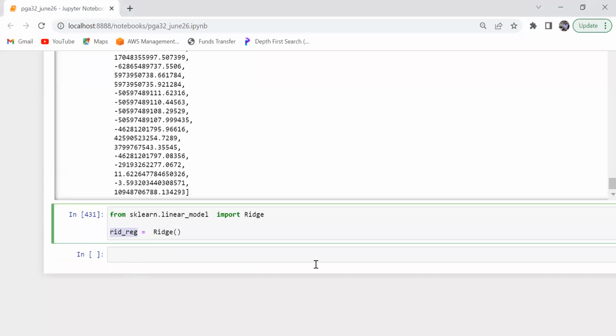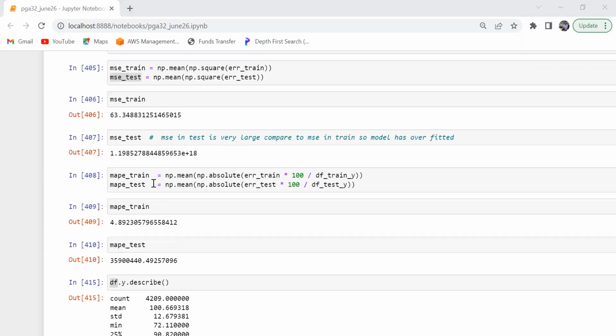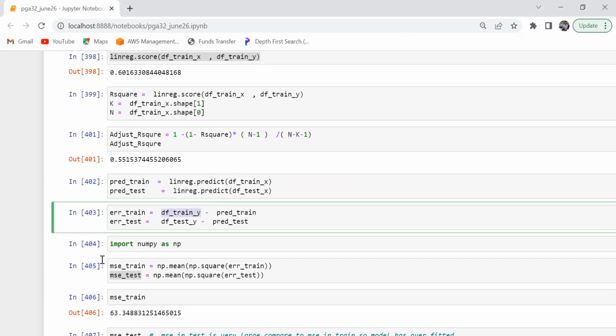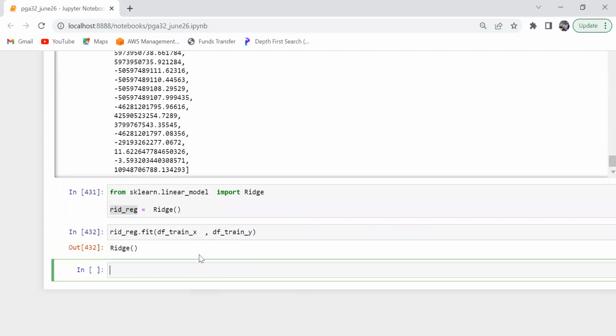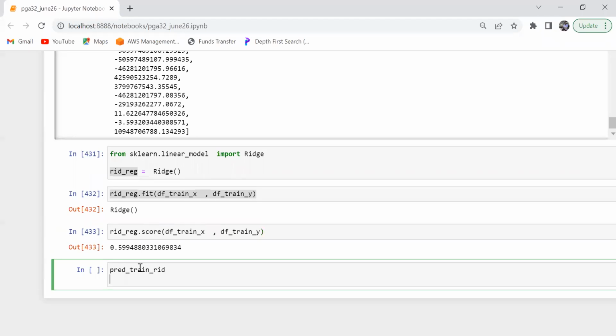And then the way you build the model will remain the same. We have already done the sampling, right? बस अब कुछ नहीं करना है. Build your model as you have been building: df train Y, df train X, predicted train and say Ridge, predicted test.